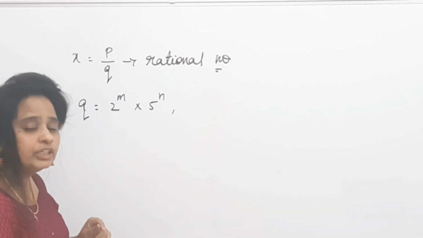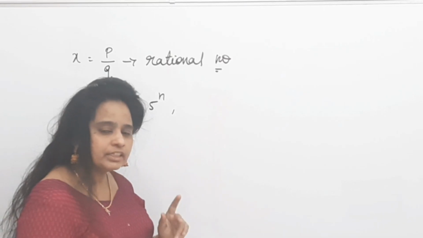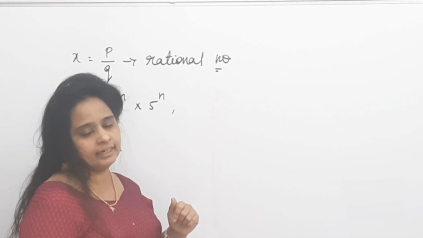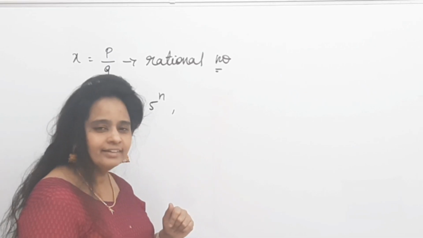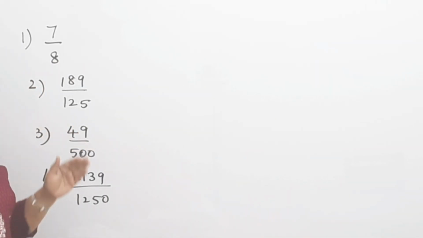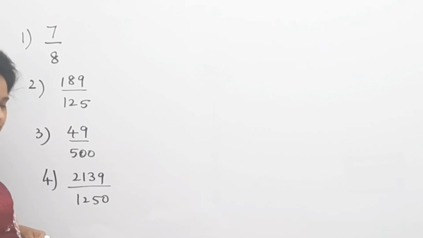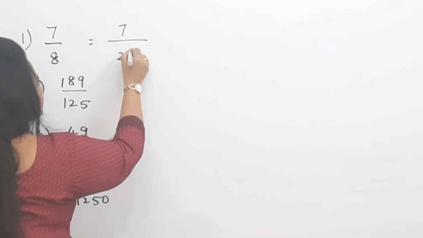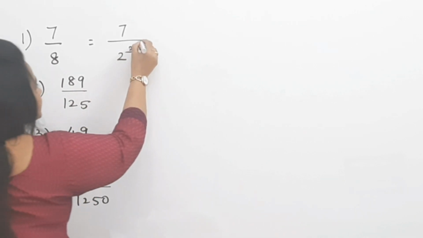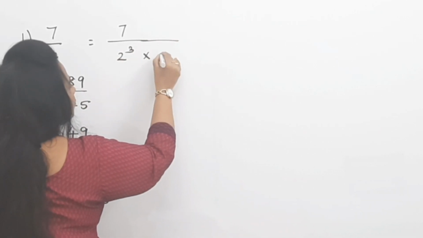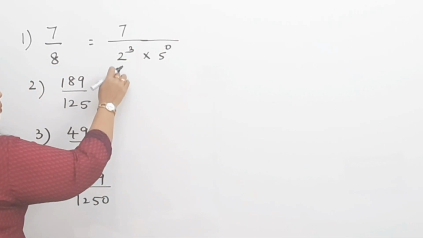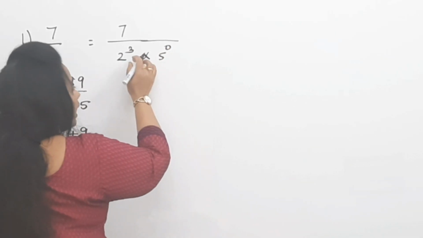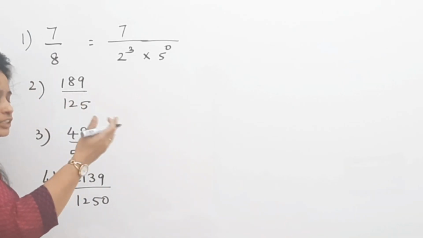Now, shall we move on to the questions, and just by looking at each, conclude whether it is terminating or non-terminating recurring? Are you all ready? Children, find the decimal expansion of all these rational numbers. First, the prime factorization of the denominator: this can be written as 2 power m into 5 power n, where n is 0. That's okay, but I have to get my decimal expansion.